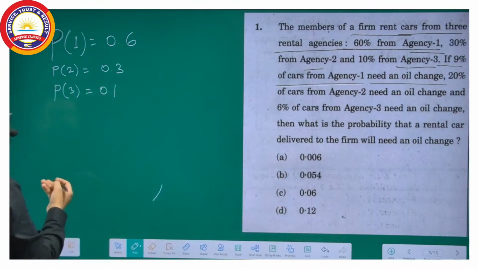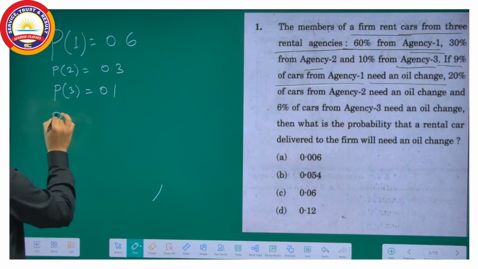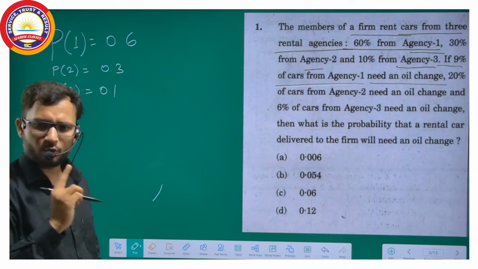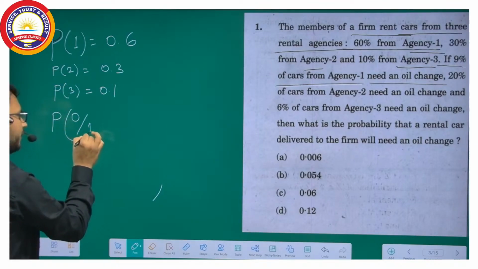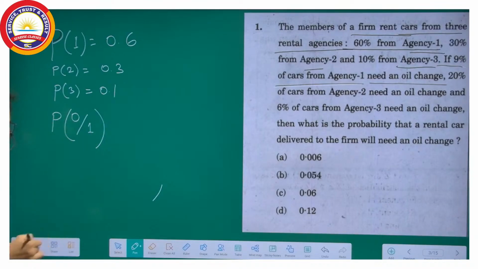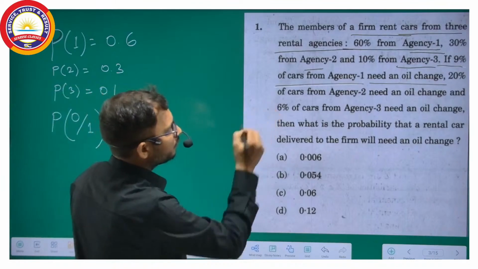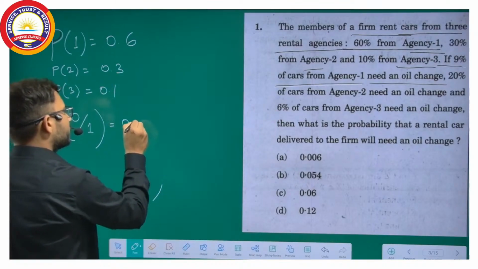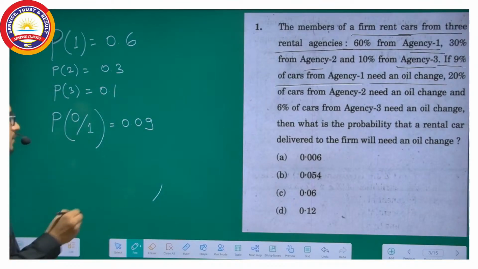So if I say event O is the oil change, then probability of O given agency 1 is 9%, that means 0.09. Getting my point? 0.09.